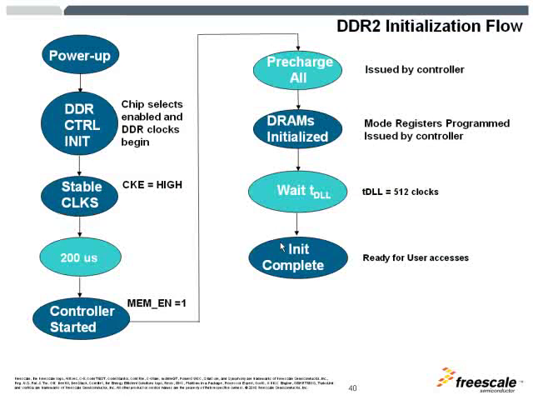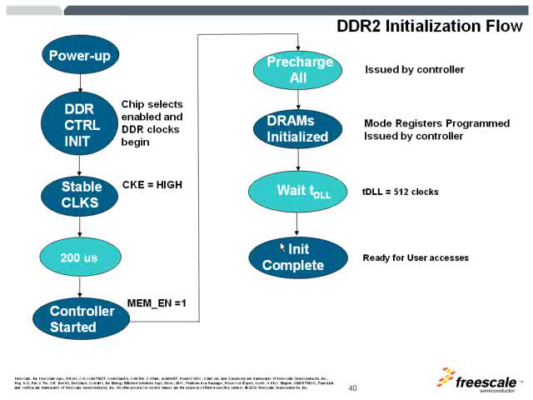Once the memory controller is enabled, it automatically does the following: a precharge all command is sent, which closes any open row buffers, it initializes the DRAMs, and after a certain amount of delay required by the SDRAMs, it is ready for operations.